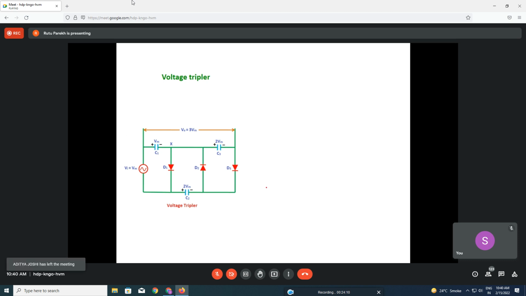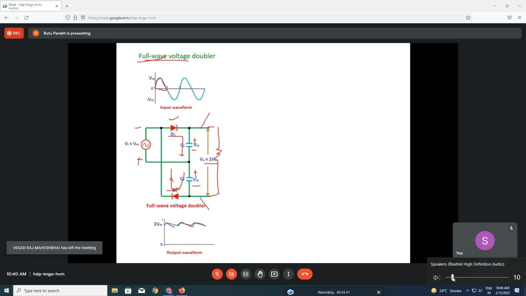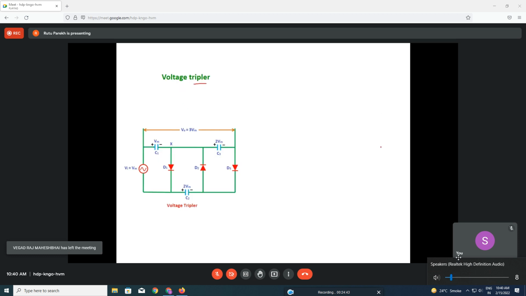What you will see here are the connections in the tripler. You will have how many capacitors? C1, C2, and C3, and then D1, D2, D3. And the voltage is 3 times, so 3 Vm, like this. And this is the circuit.